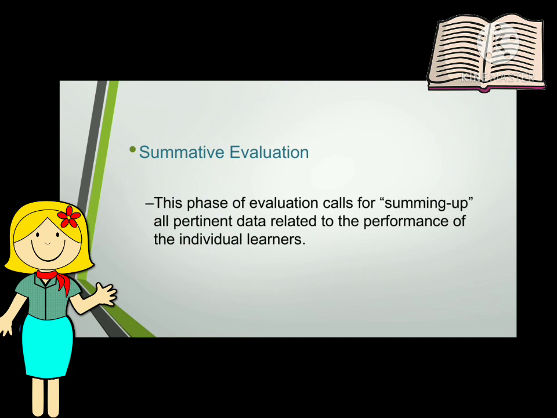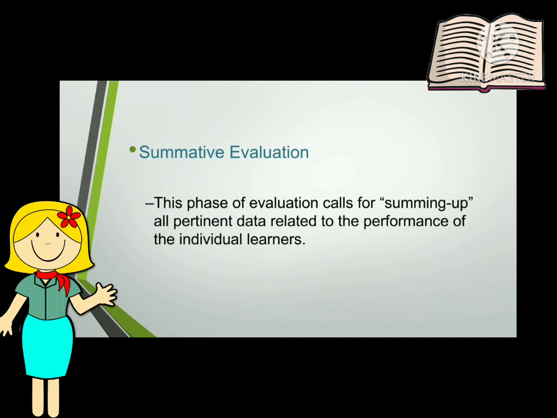Last is the summative evaluation. This phase of evaluation calls for summing up pertinent data related to the performance of the individual learners. From the word itself, it is called for summing up or for the total of. For instance, at the end of the year, the final ratings of the learners will quantify how much learning is achieved to merit a promotion.